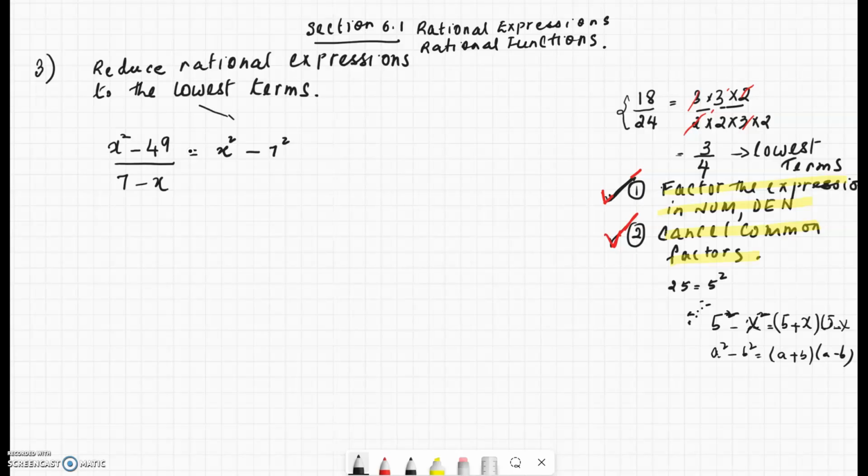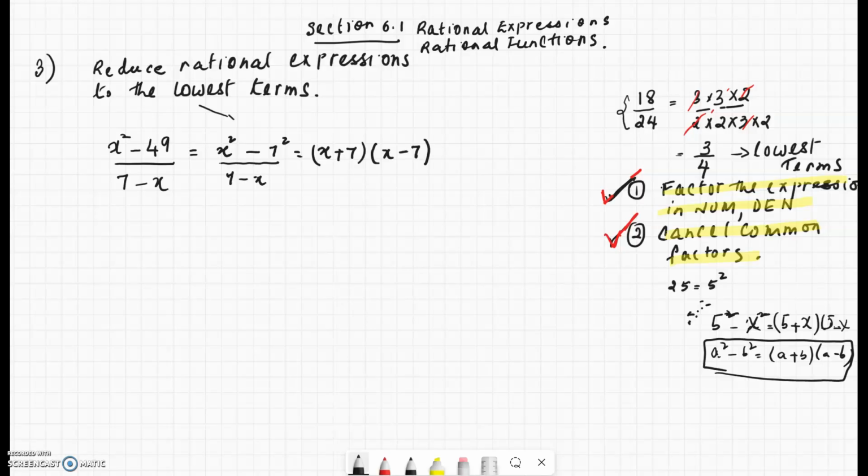As soon as you see a square, you have to be able to recognize it. And then in the denominator, we have 7 minus x. So this is a difference of squares. This is the special product that helps us factor the expression. So it's the first term plus the second term without the squares, first term minus the second term without the squares.